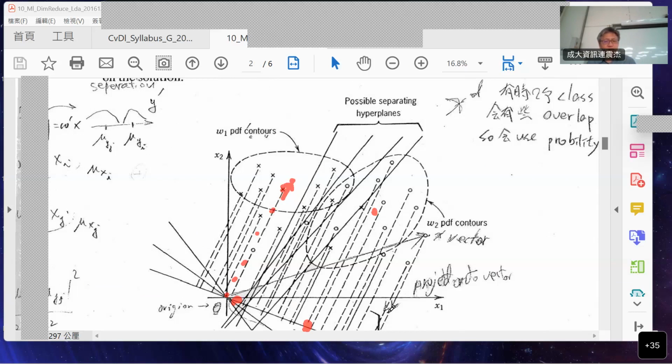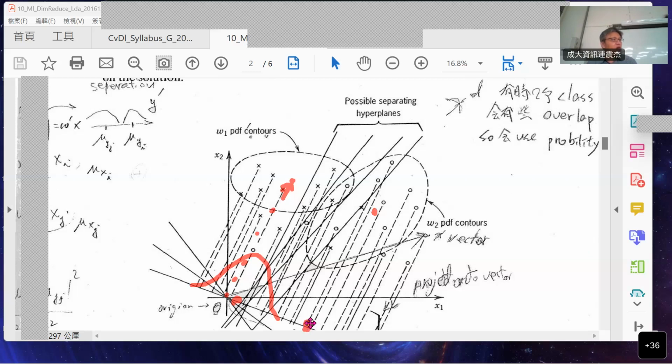And this is a Gaussian distribution, equal to the average value of all the projections y. The same, this one you project to the lower dimension.